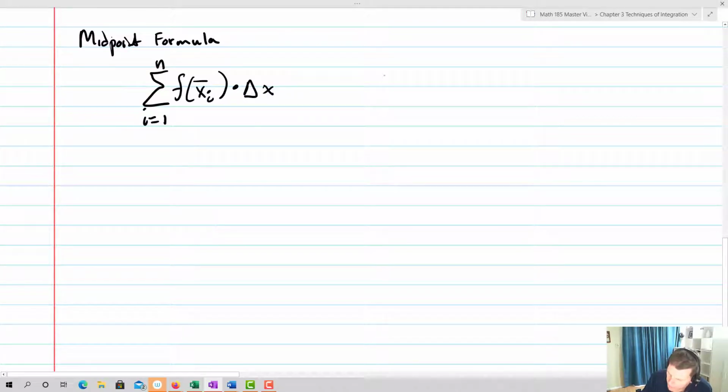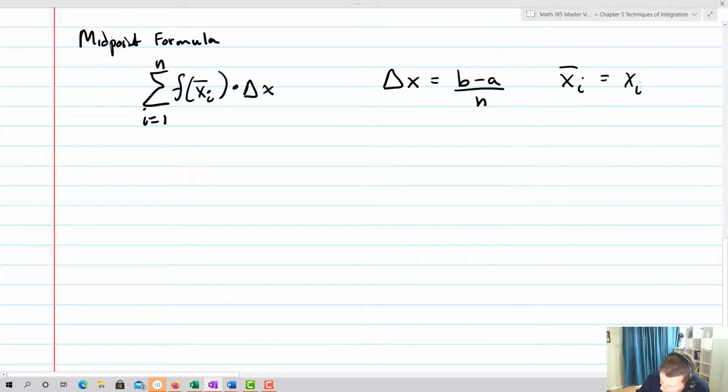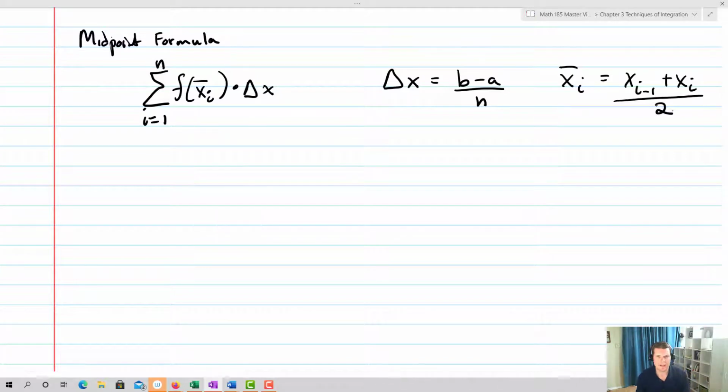All right, and we're going to define delta x to equal our interval, so (b - a)/n, and xi bar is going to equal (xi-1 + xi)/2. So it's going to end up being the midpoint of the two. Basically we're just going to create a bunch of rectangles, and then utilize those rectangles in order to approximate the value for a particular integral.